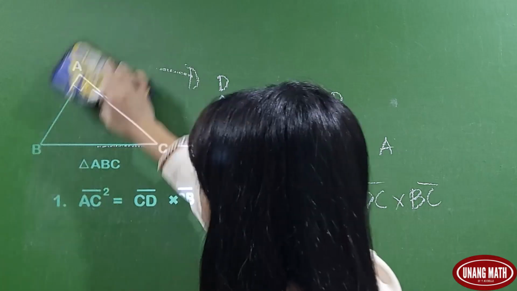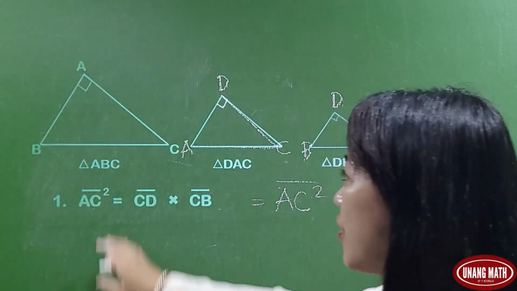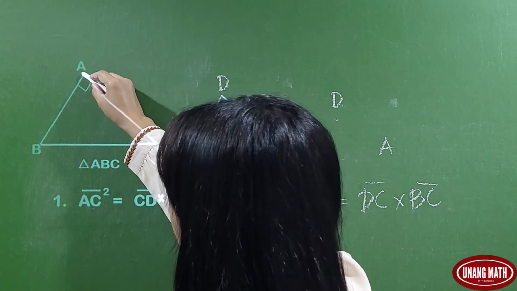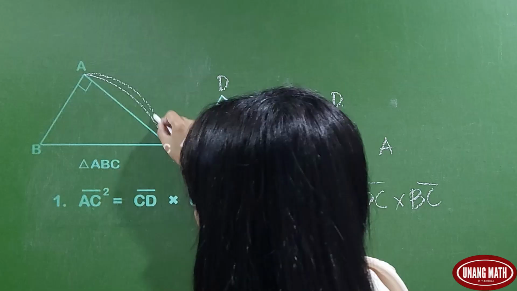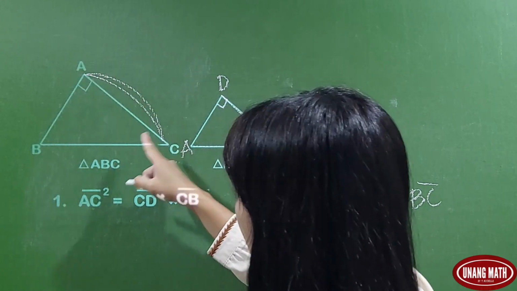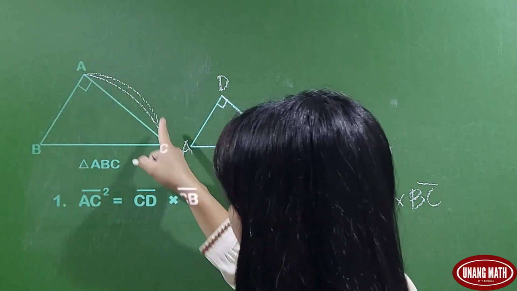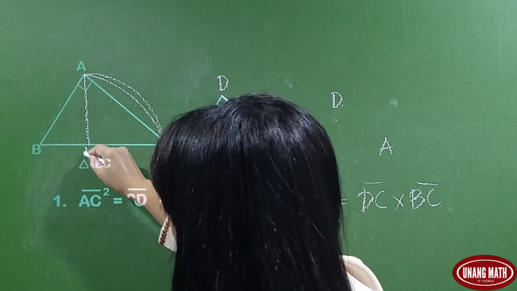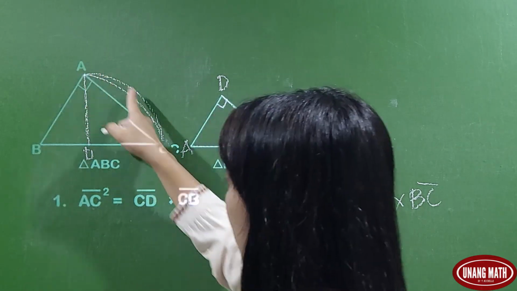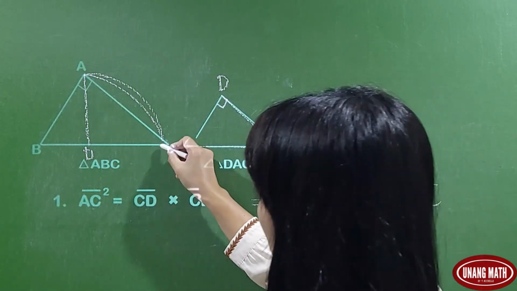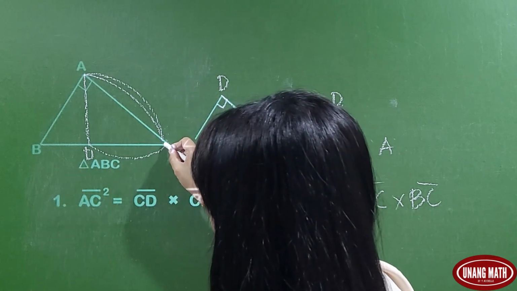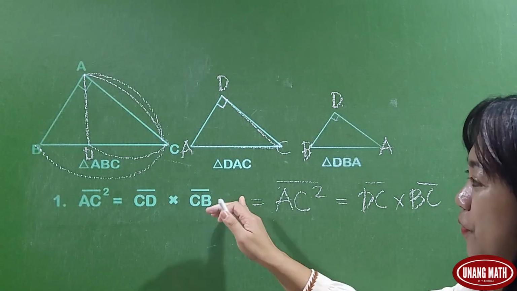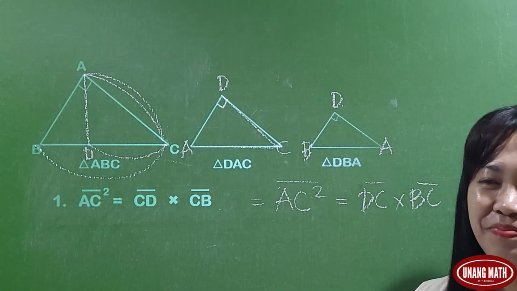If we go back to our original right triangle, to find this length squared, 2 times of this length, that would be equal to, our height is here, this is point D, the length of CD times the length of CB. So that is our first theorem.